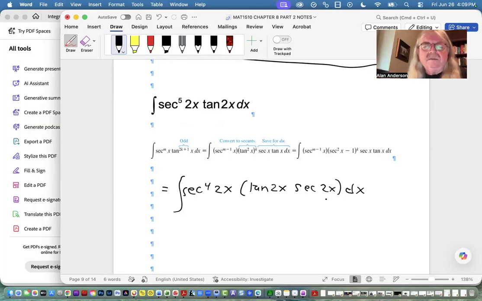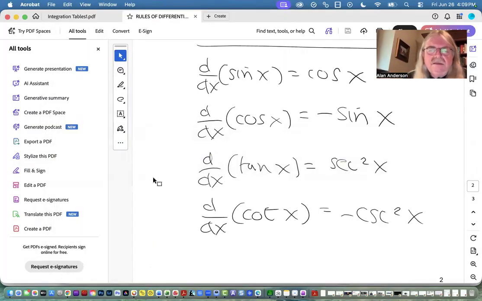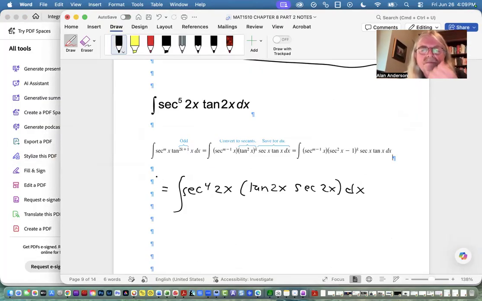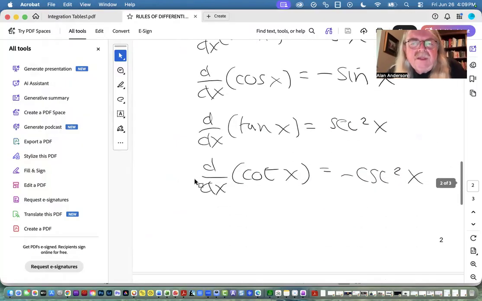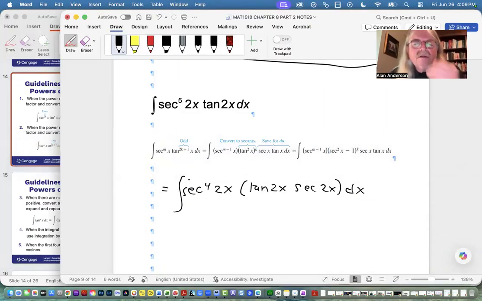Oh, wait a minute. No. The derivative of the tangent is the secant squared.